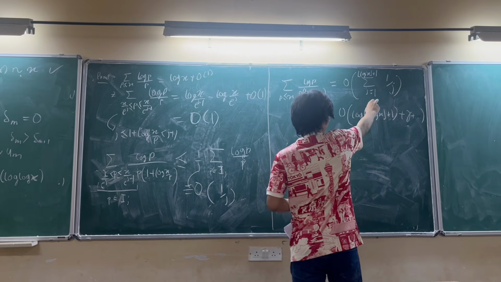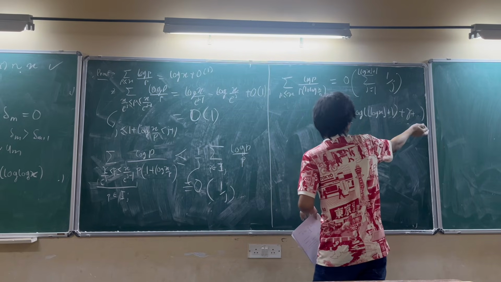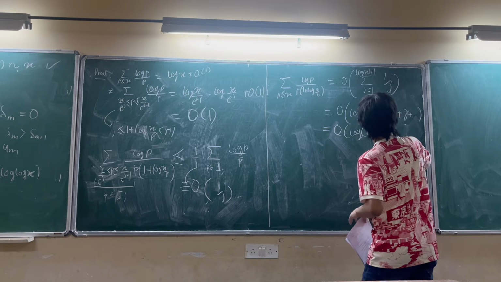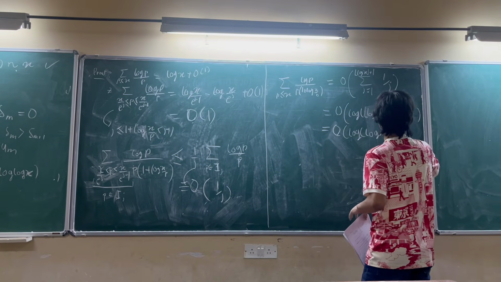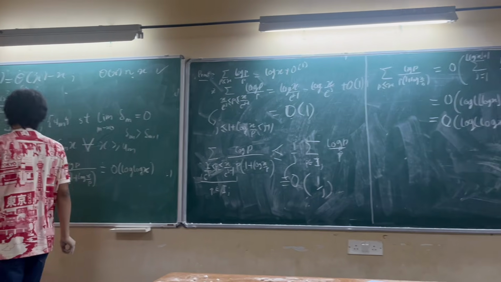I hope this is clear. And from here, you can ignore all of these terms and just write that this thing is bounded above by log of x. And we're done. We're done proving lemma 1.